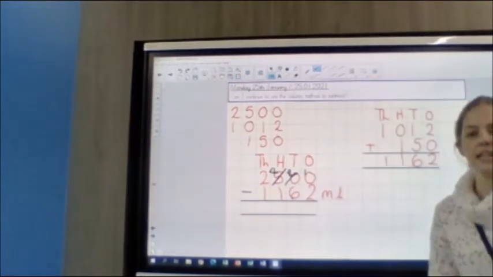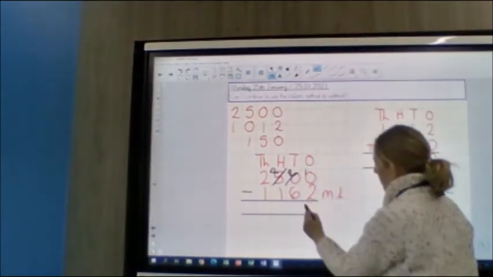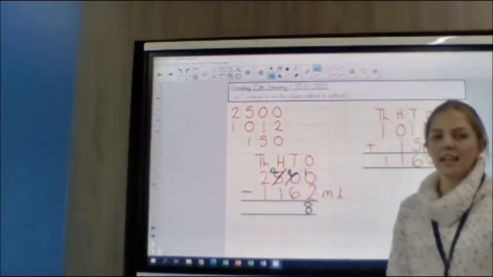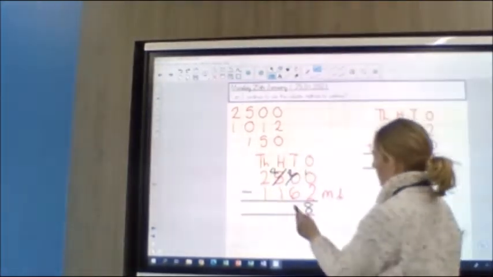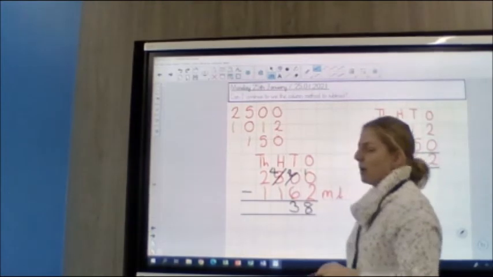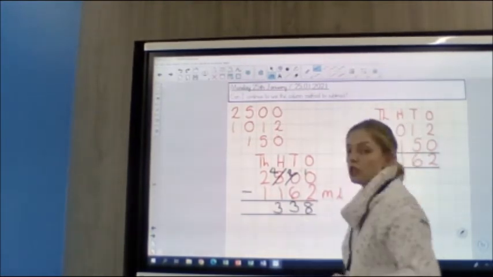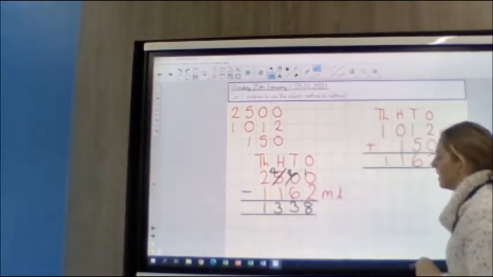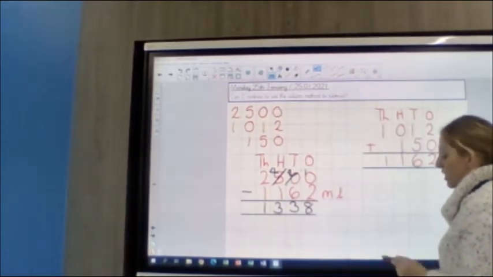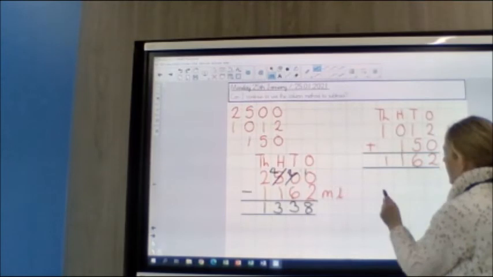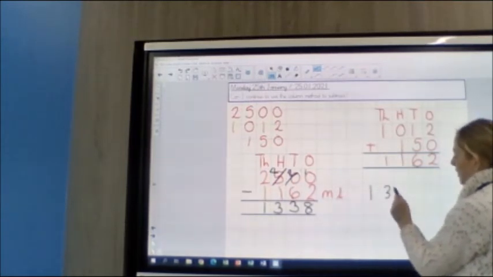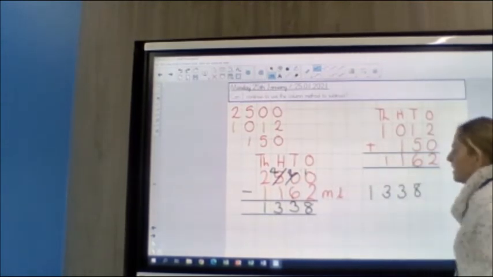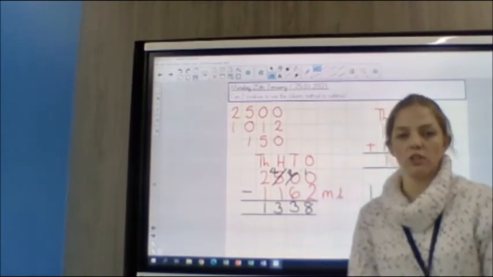Okay, so 10 take away 2 is 8. 9 take away 6 is 3. 4 take away 1 is 3. 2 take away 1 is 1. So my answer is 1,338. But I need to make sure that I'm adding the correct measurement to this.